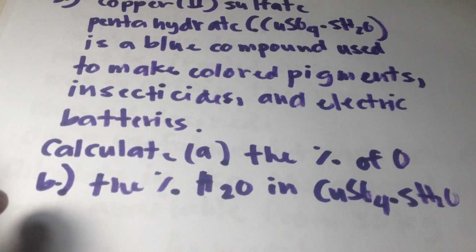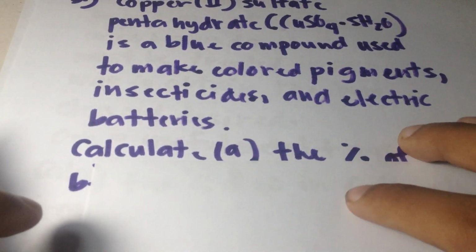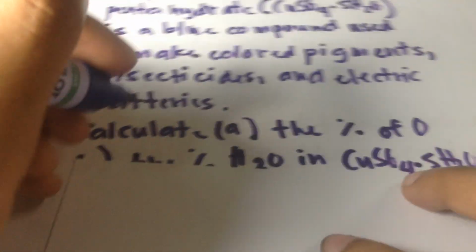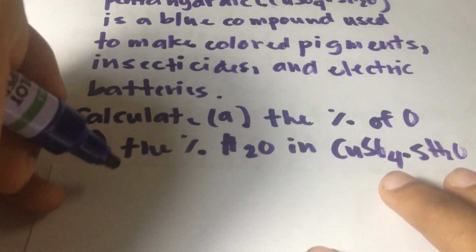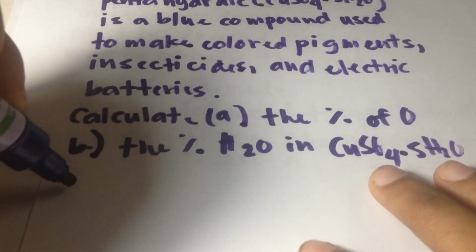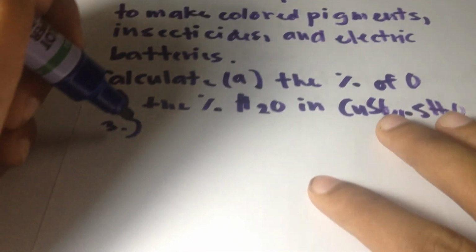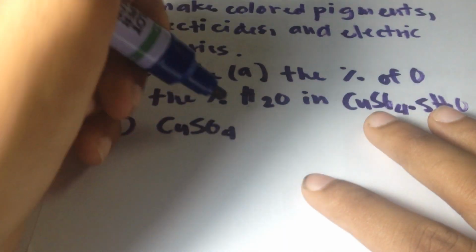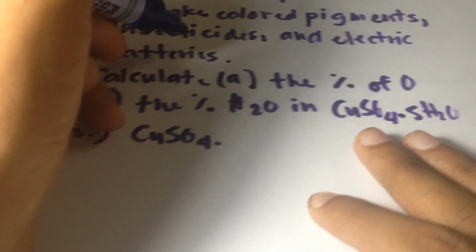So first thing we need to do is calculate the molecular formula mass first. So you need to write the formula. So in number 3, we have copper sulfate pentahydrate.